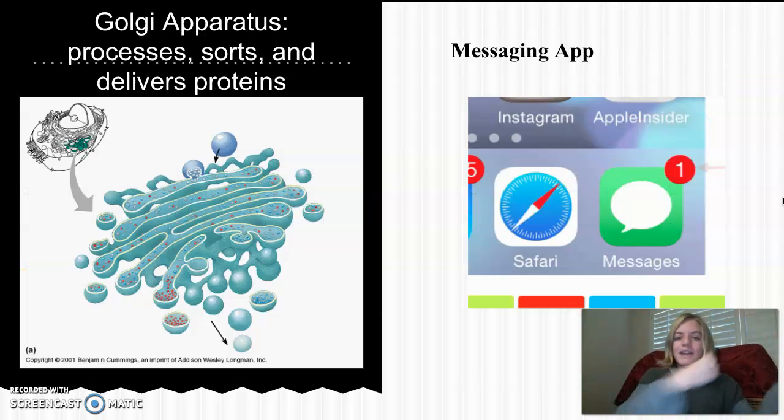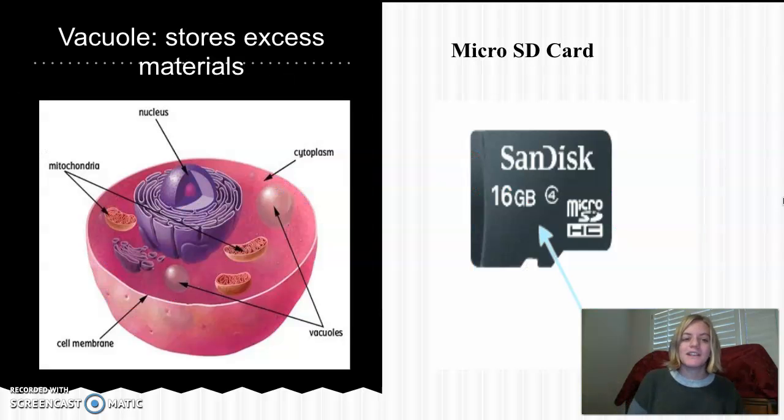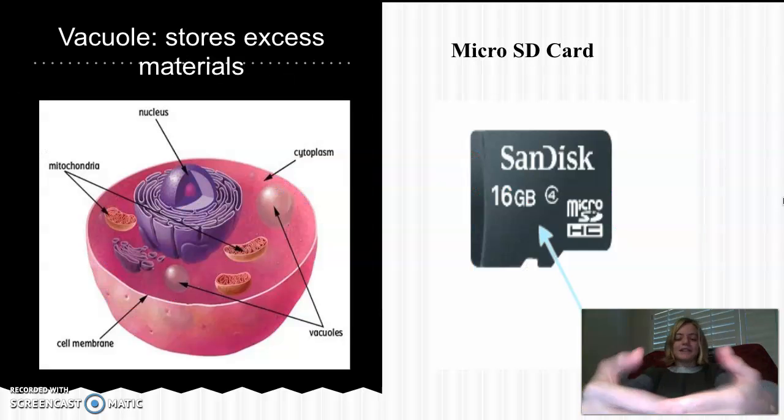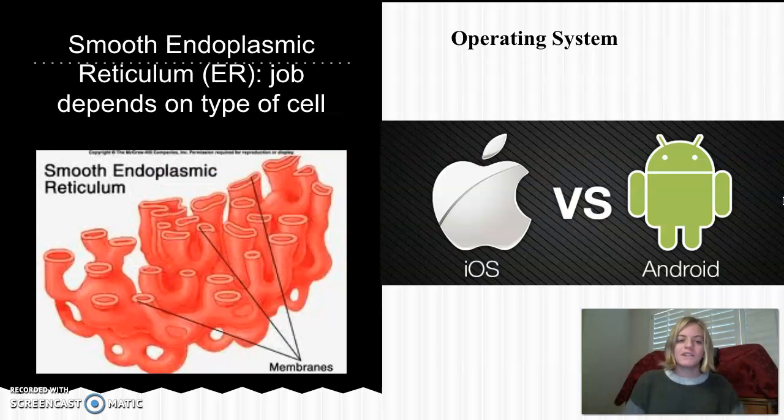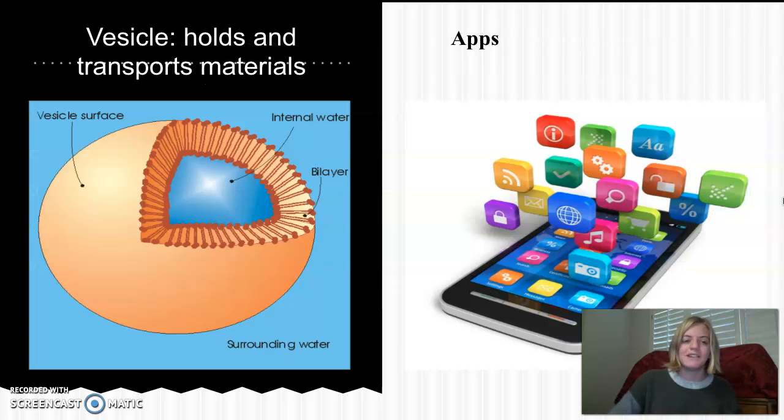We have the Golgi apparatus, which processes, sorts, and delivers the proteins. The vacuole that stores excess materials. The smooth ER, who has different jobs but can be used to make lipids and detoxify the cell. The vesicle, which holds and transports materials inside and out of the cell.